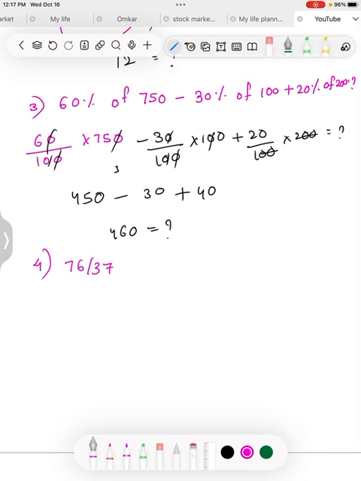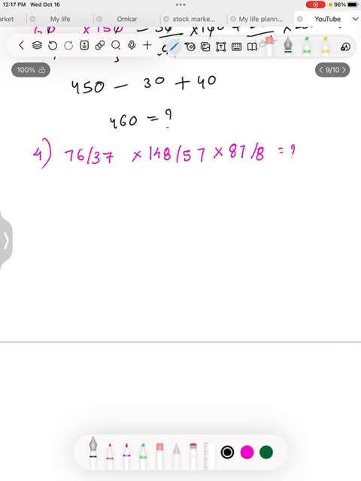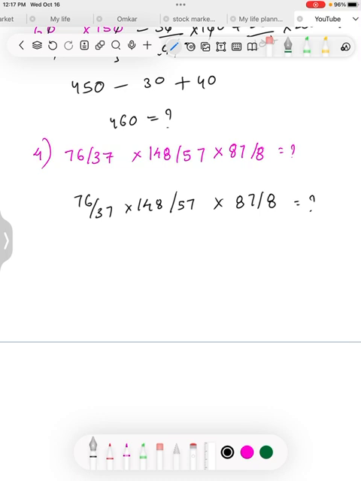76 by 37 into 148 by 57 into 87 by 8 is equals to question mark, right? Just you can do it. If you check it out properly, the cancellation is a little bit difficult actually, and if you check the answer options, we have no decimals, so it's sure that it would be cancelled perfectly, right?